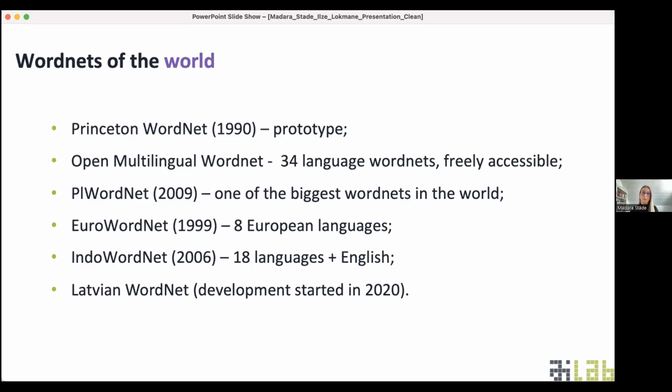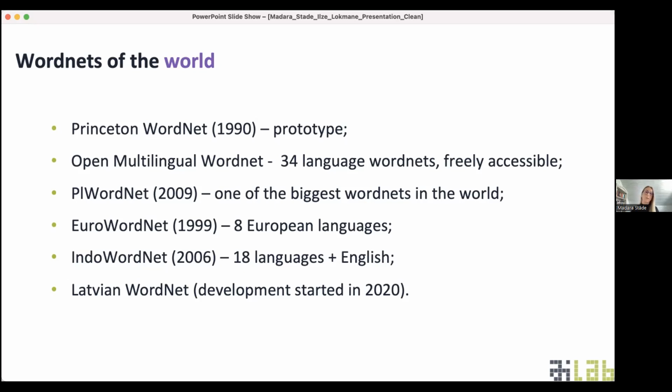And probably because of the wide applications, there are many different WordNets around the world. We could say that Princeton WordNet is the prototype of all WordNets. But since then, there have been so many other WordNets developed for different languages. One of the biggest WordNets so far is the Polish WordNet.